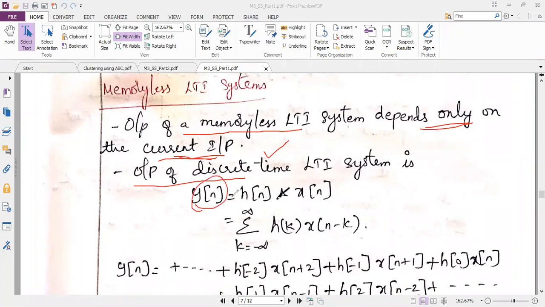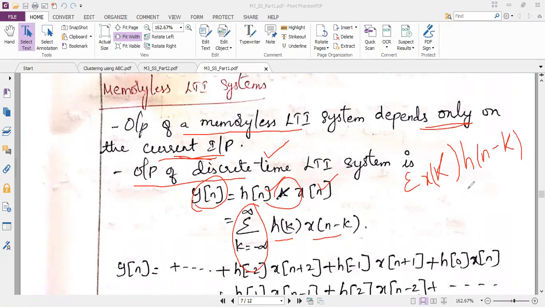So y of n is equal to h of n convolution with x of n. We all know very well. I can expand this convolution formula as summation k equal to minus infinity to plus infinity h of k x of n minus k. I told you in a number of classes, it is our wish: any signal we can keep constant and any signal we can shift. In the original formula, we always take summation with x of k, h of n minus k.